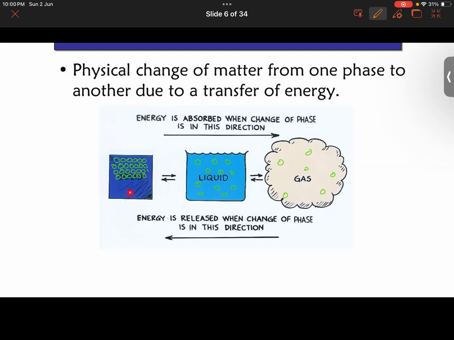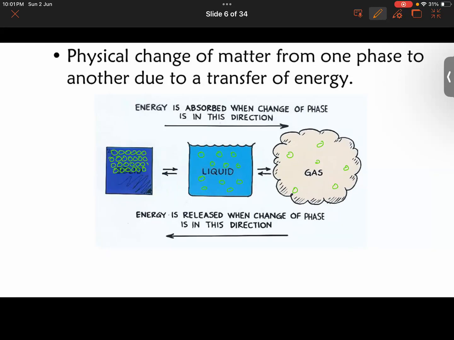So heating provides the particles with some energy, and those particles start to shake. The particles start to vibrate. They start to move here and there, and then they convert into the liquid state. And why are they vibrating?